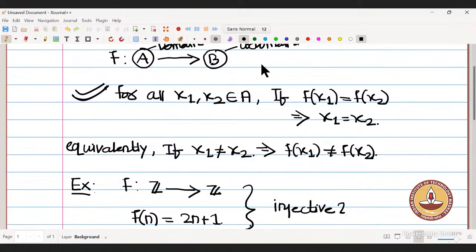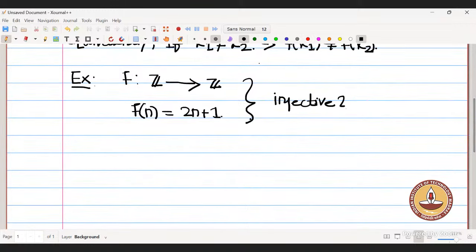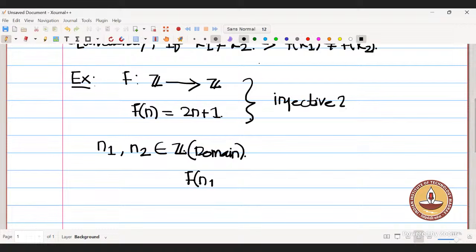Suppose you consider two numbers n1 and n2 in your domain, and let's say f of n1 is equal to f of n2.